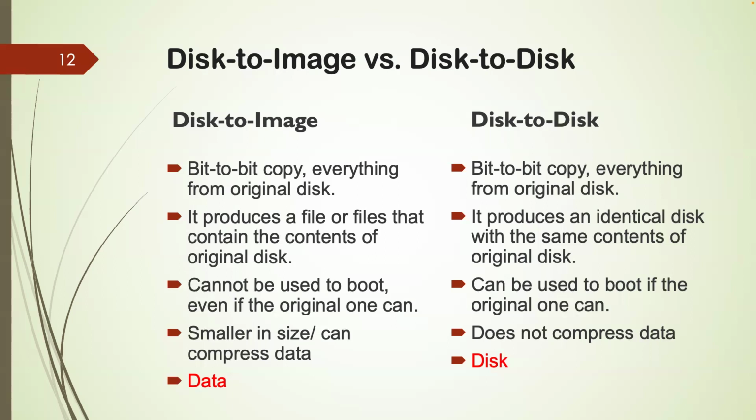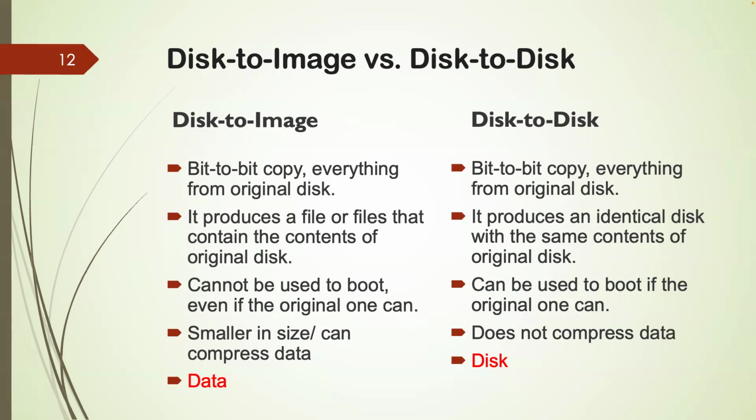Another thing is, when you are doing disk to image, since you are copying data, you are creating files. If you have a 100 TB original hard drive, you can divide it into three different files of 33 TBs each, and so on. So even if you are investigating and you don't have the right hard drive to copy the data, if you have a smaller hard drive, you can still divide the original data into different segments and then move those segments to your own machine.